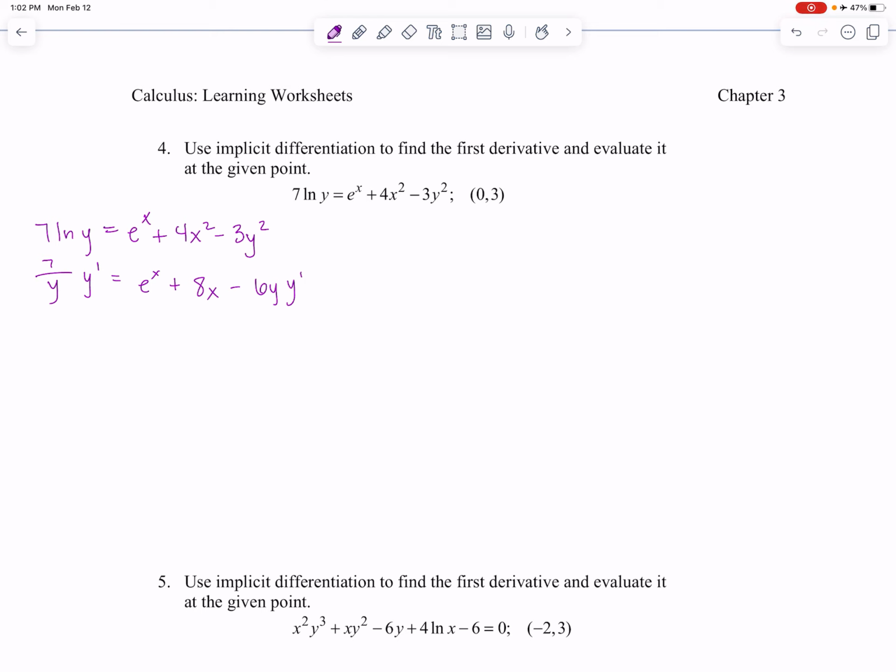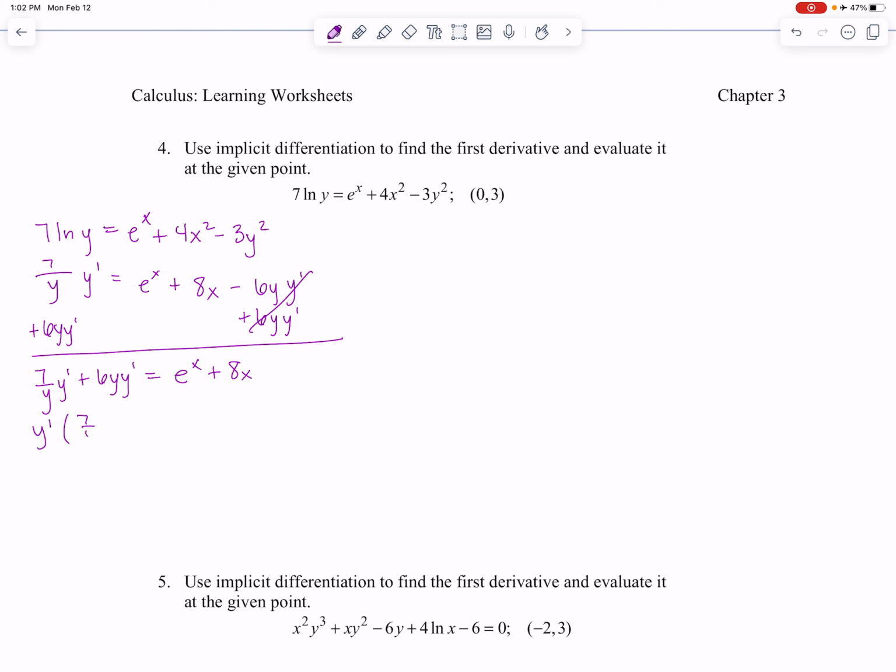Okay, now we need to do our best to get all the y primes on one side and everything else on the other. So I will add 6y y prime to both sides. This gives us 7 over y, y prime, plus 6y, y prime, equals e to the x plus 8x. Let's factor the y prime out.